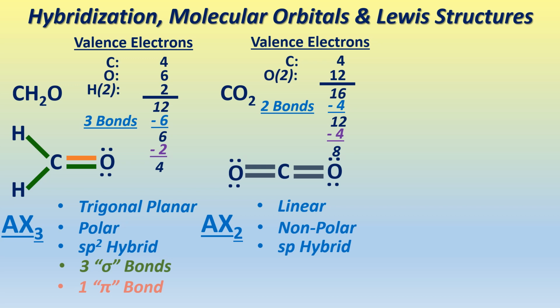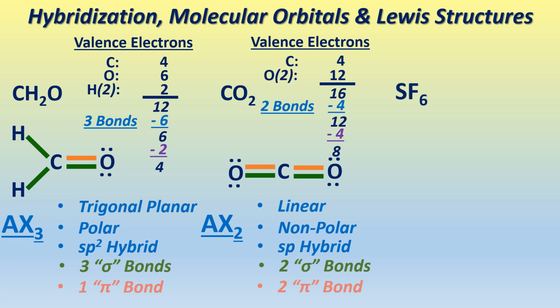Each double bond contains 1 sigma bond. So AX2 has to have 2 sigma bonds. The double bond itself is made of 1 sigma and 1 pi, so carbon dioxide has 2 sigma bonds, 2 pi bonds, it's linear and nonpolar in an sp hybrid, and all of this can be seen from the Lewis structure.